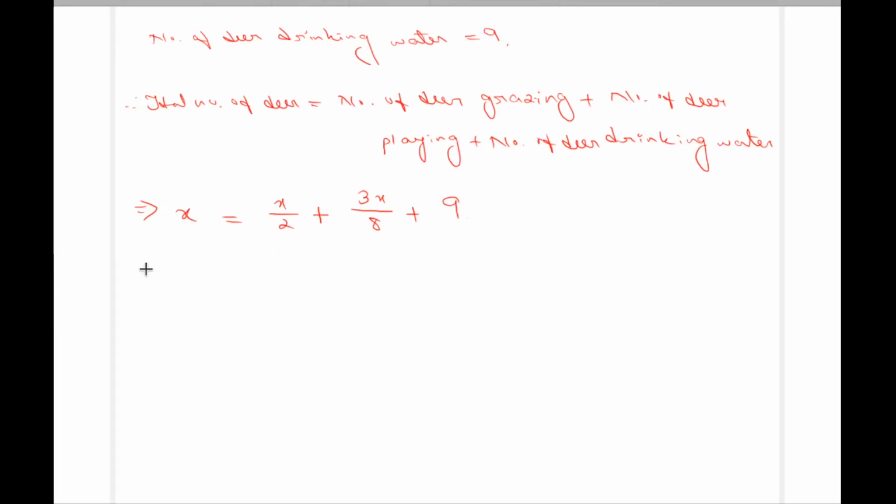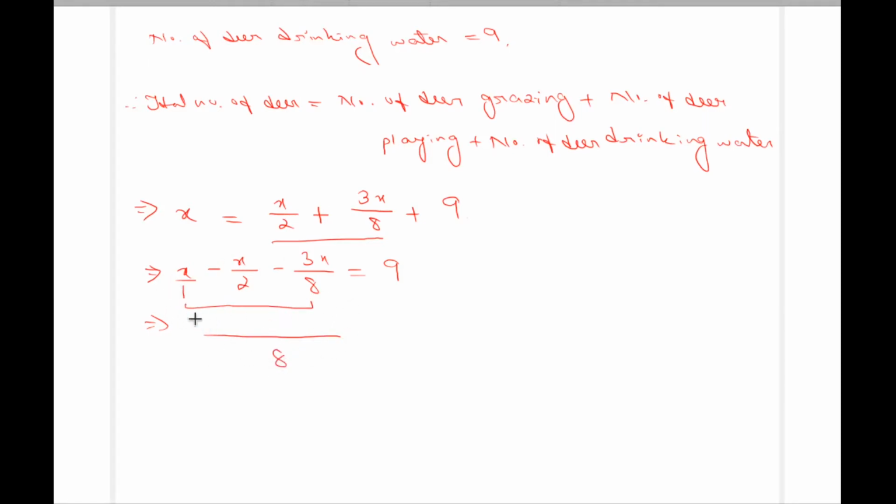Now just we have to solve it. Okay, first all the variables we will bring to the other side of the equal sign. So it will become minus x by 2, and minus 3x by 8, equals 9. Okay. Now x can be written as x by 1 and now we have to find the LCM of these three denominators 1, 2 and 8, and the LCM is 8.